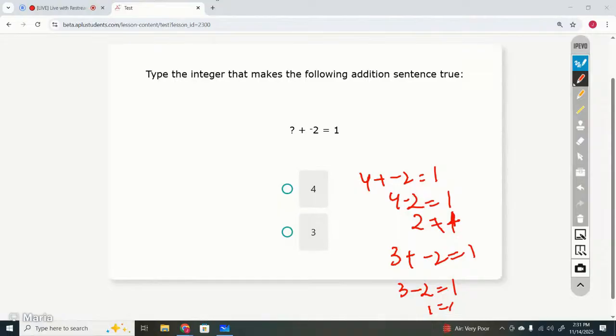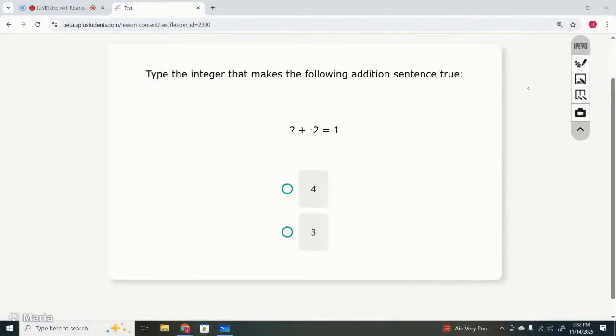So that means 3 is the correct option. Option number 2 is the correct option.